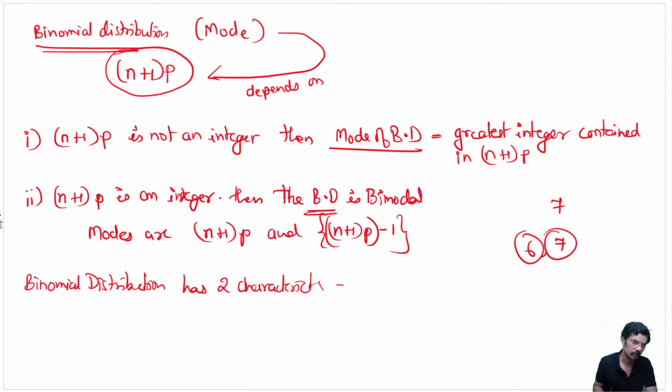So it is denoted by B(n, p). This is the notation of the binomial distribution with parameters n and p.